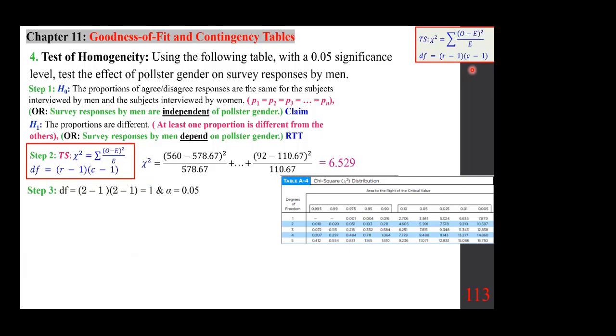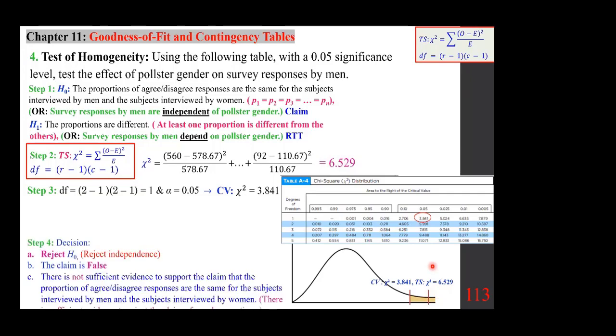And the critical value with degrees of freedom 1, alpha 0.05 from the chi-square table is 3.841. If we do the graph, the test statistic is way into the rejection region, or the p-value is the area to the right of that. Therefore, we reject H0.